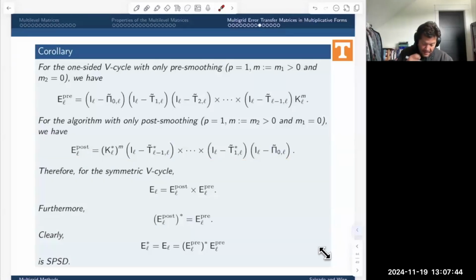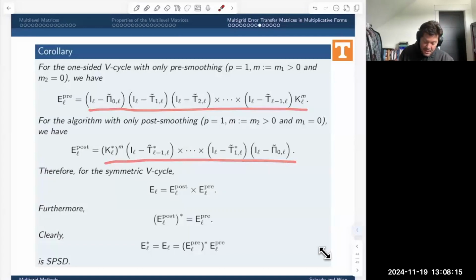Well, now, if you remember that this matrix times itself is just itself, because this matrix is what we call a projection matrix, then if I multiply EL post times EL pre, you get right back to the original error transfer matrix for the full V-cycle. Now look at this string of matrices and look at this string of matrices.